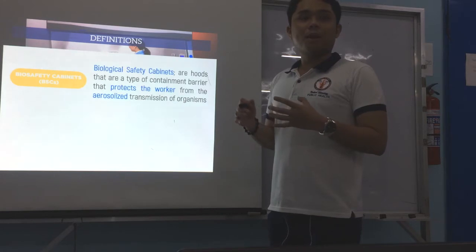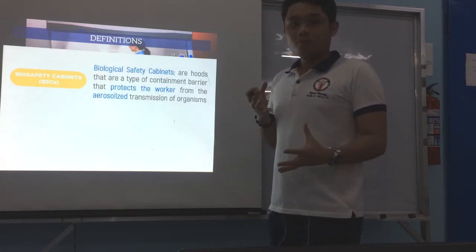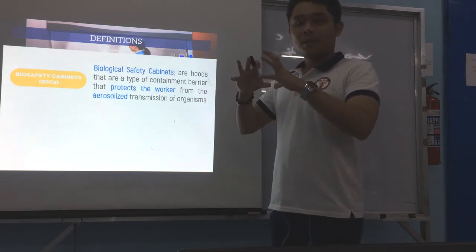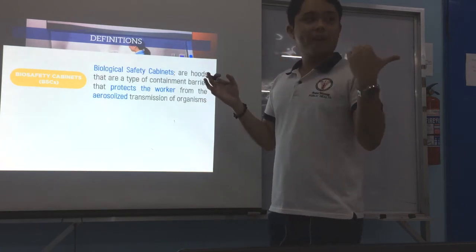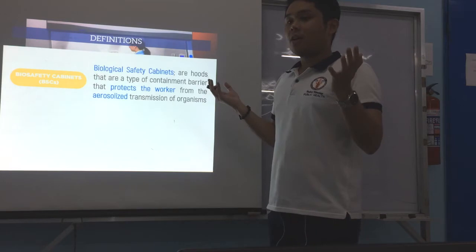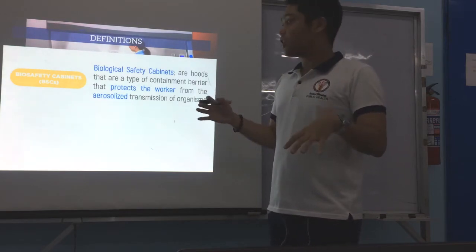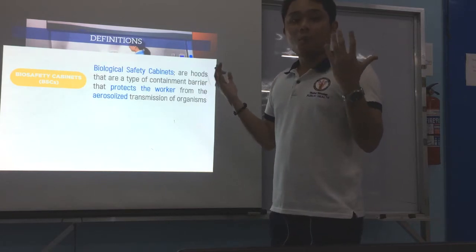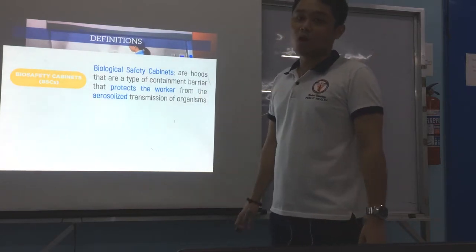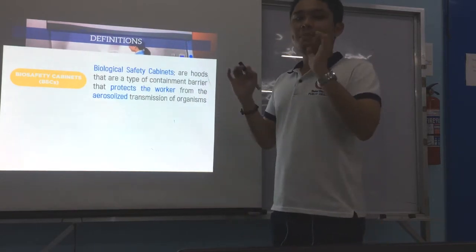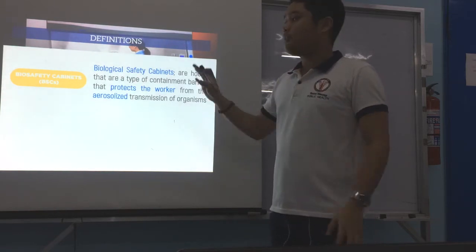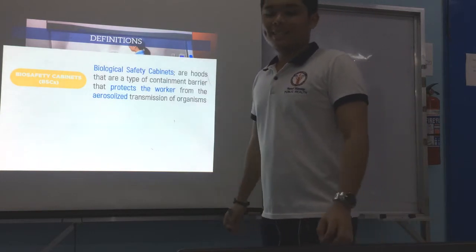For example, if you process sputum, which can result in aerosolized substances that might infect the worker and the environment, it's best that you do it under a biosafety cabinet, because it protects the environment as well as the worker from aerosolized transmission of organisms. That's the main function of a biological safety cabinet, or BSC.